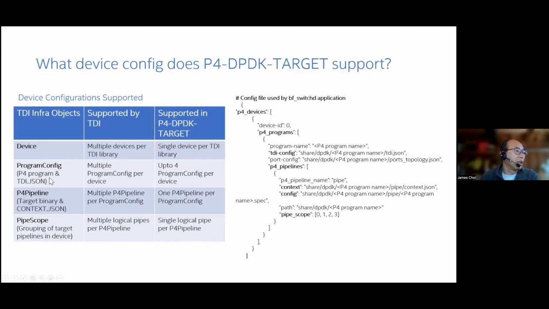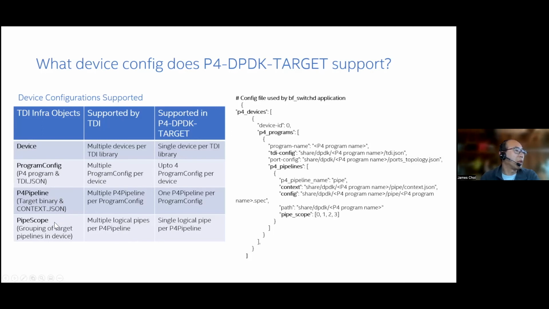That's what a P4 config is. And there is a P4 pipeline, which is the mapping of a P4 program onto a target. With each P4 pipeline, there is a target pipeline binary that goes with it, as well as the context JSON file.